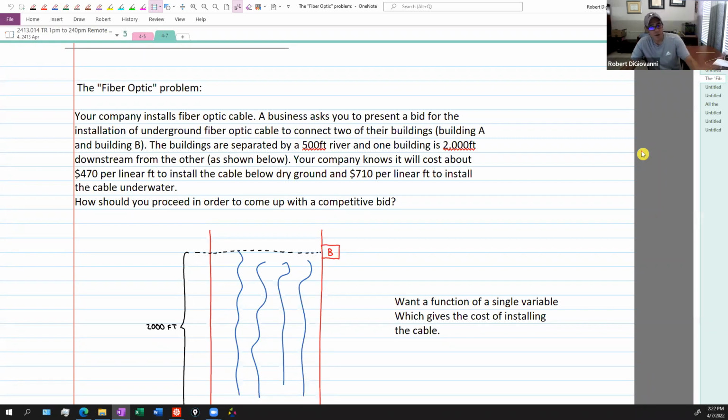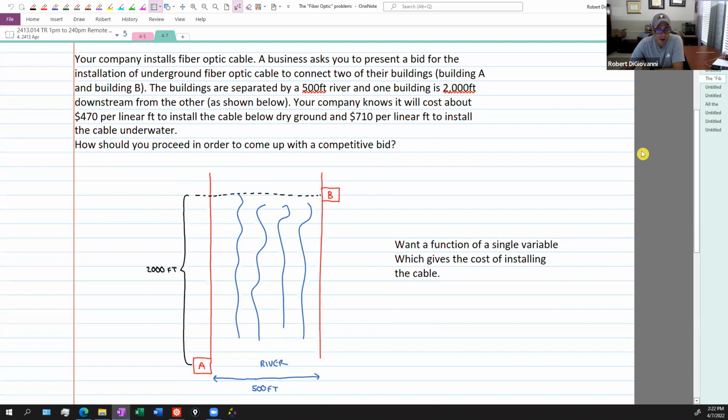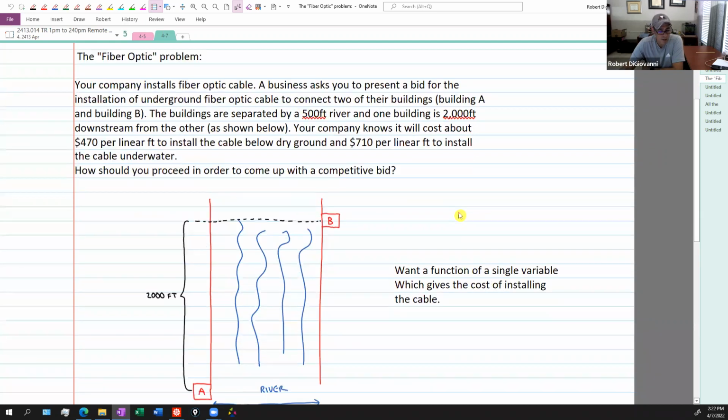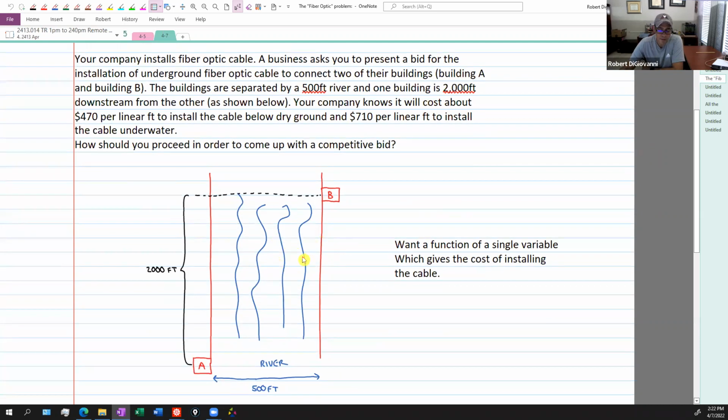So I offered this as a bonus problem at the very beginning of the semester. I said, okay, we have a 500-foot river that separates two buildings, buildings A and B. Building A is 2,000 feet downstream or upstream from building B. And our company wants to install fiber optic cable that connects these two businesses together.